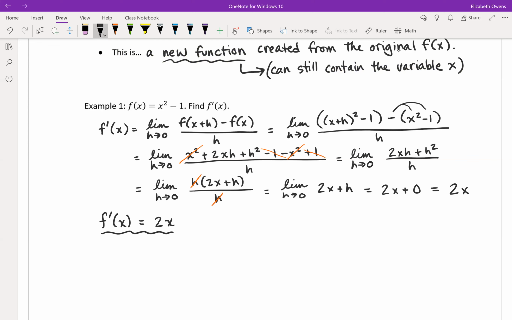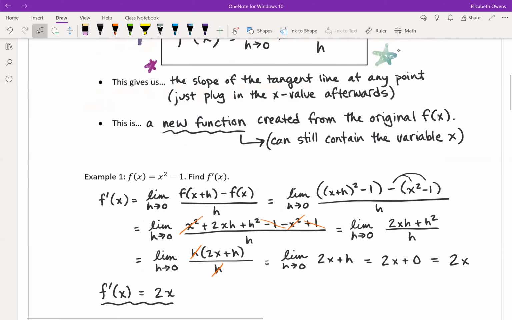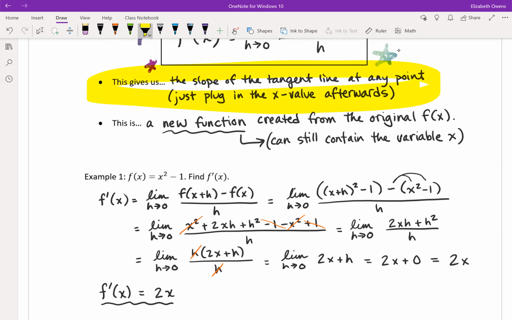Now, let's relate this answer that we found here, the derivative, to this first idea right here. The derivative still relates to the slope of the tangent line. This is going to give us the slope of the tangent line at any point. It's just going to be a lot faster than we may have done in the past.